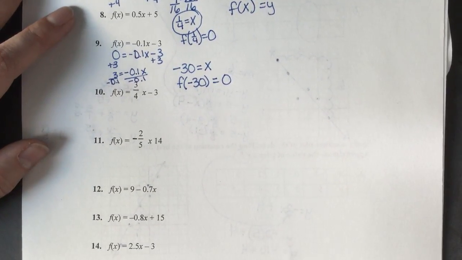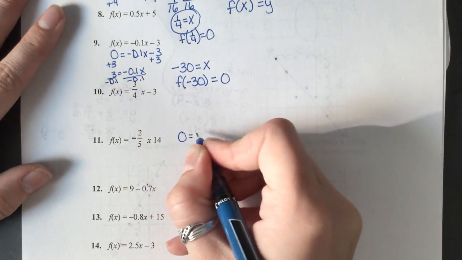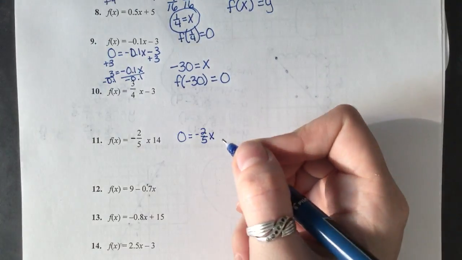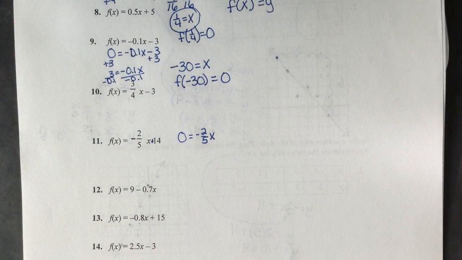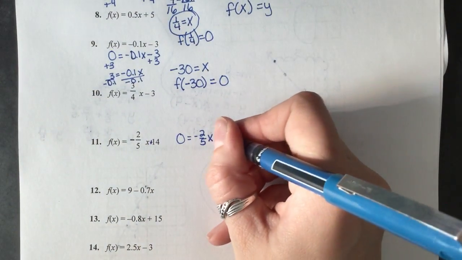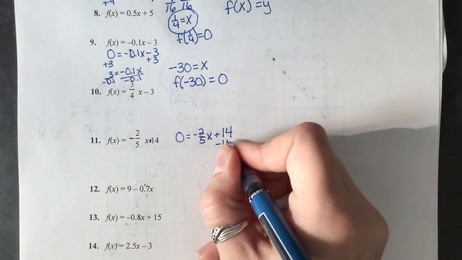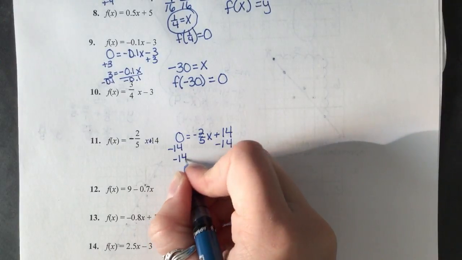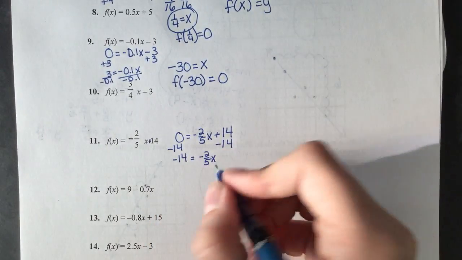Okay. Let's do 11. 0 equals negative 2/5 x, really, plus 14. Let's put an imaginary plus sign in there, because clearly I should have had something in there. Okay, minus 14, minus 14, 0 minus 14 is negative 14, negative 2/5 x.